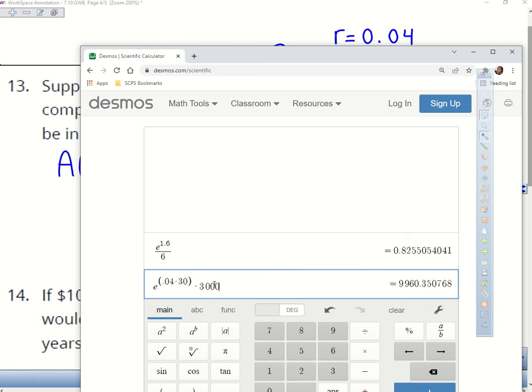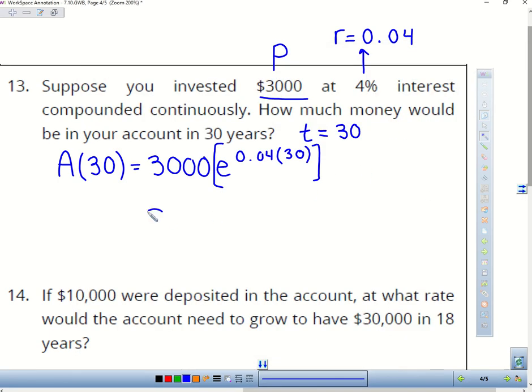Yeah, it does. So you can go ahead and just type in the whole entire thing and it will do the math for you. So that comes out to be 9,960.35. So why did I have to do 2 decimal places here? Money.